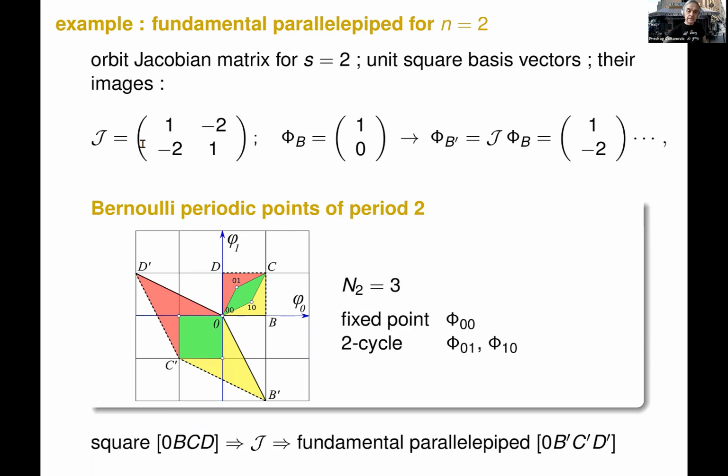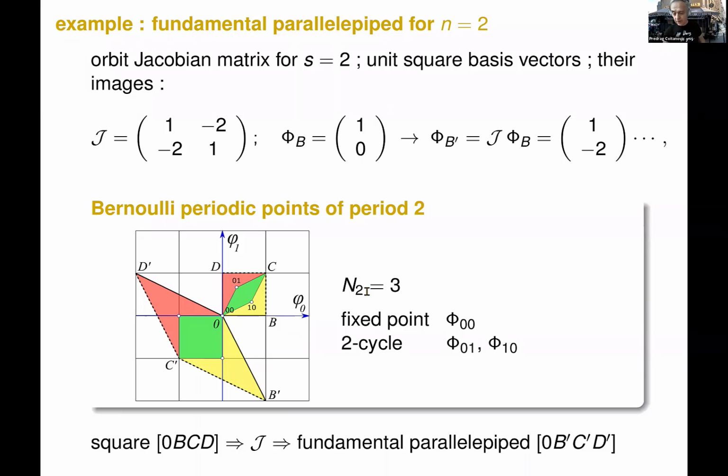Now the Jacobian, in this case stretching by a factor of 2, like in the Bernoulli map, just takes the square and maps it into a parallelepiped. And what it does is that there is a fixed point at the origin, 0 remains 0, but then there is a 2-cycle in a big space, and it maps it onto integer points of that lattice, and notice the volume of this thing is 3, and this is the number of solutions.